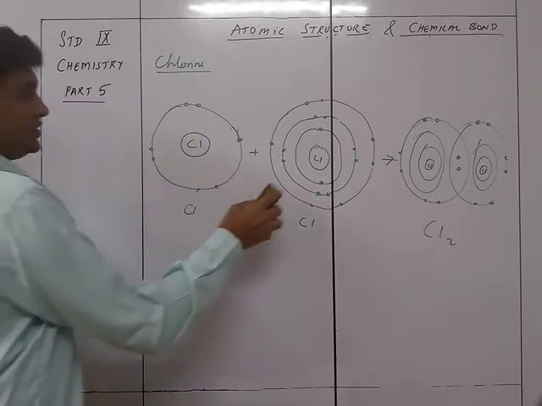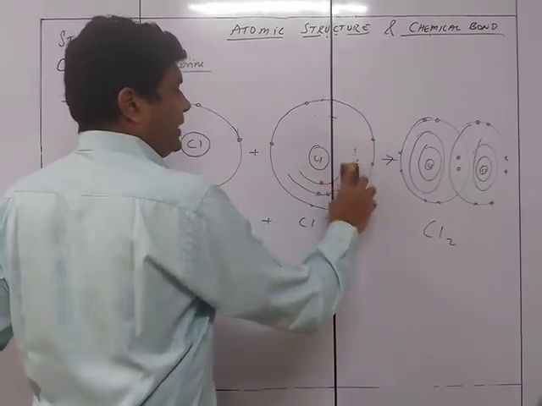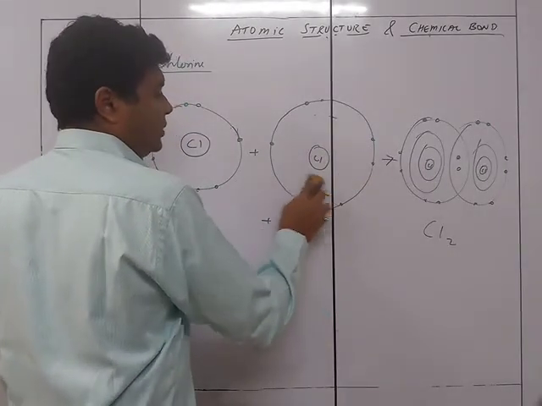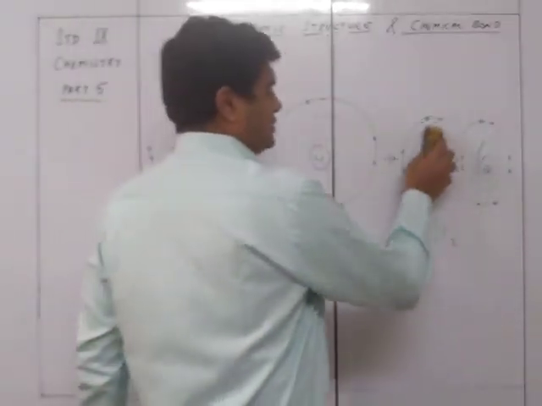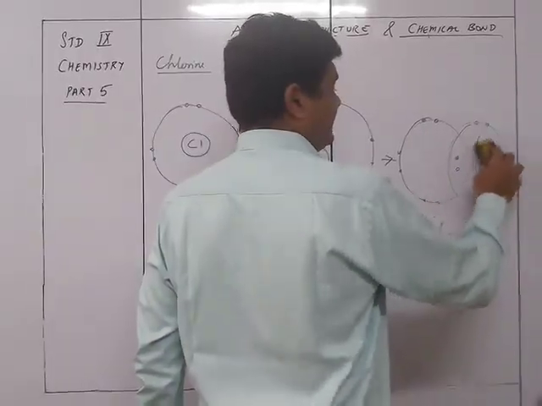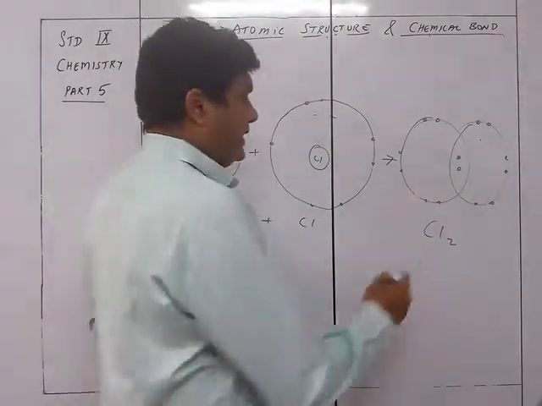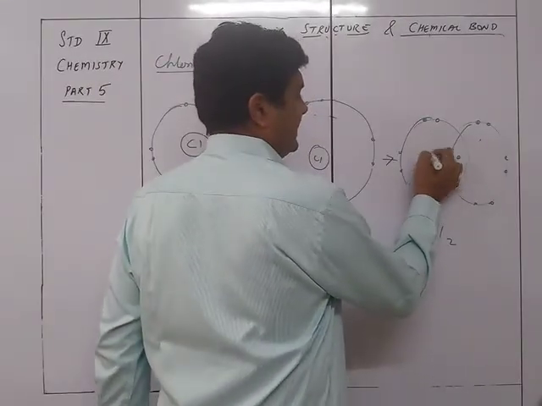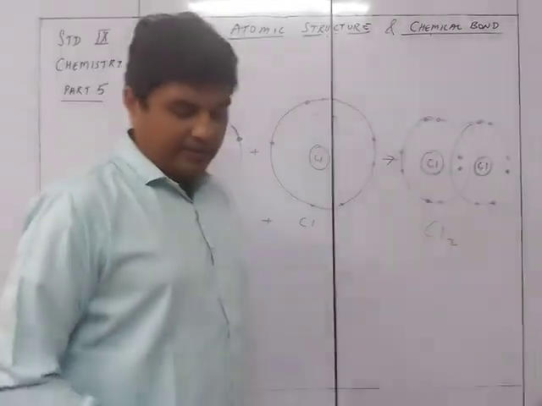While drawing the orbital structure, you need not draw the complete 2, 8, 7. You can just draw this part, so it becomes very easy to draw. I have drawn only the outermost shell and I am showing it as Cl and Cl over here. So 2 electrons are being shared like this.